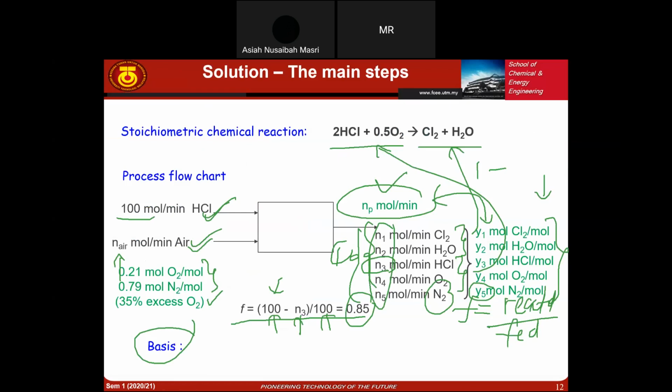If DOF is equal to 0, we should not create any number. We should simply take from the chart. So here, I already give that the basis is 100 mole per minute HCl feed. So I've taken this value, the feed of HCl, as the basis. So is it true that the DOF is equal to 0? Now let's see.